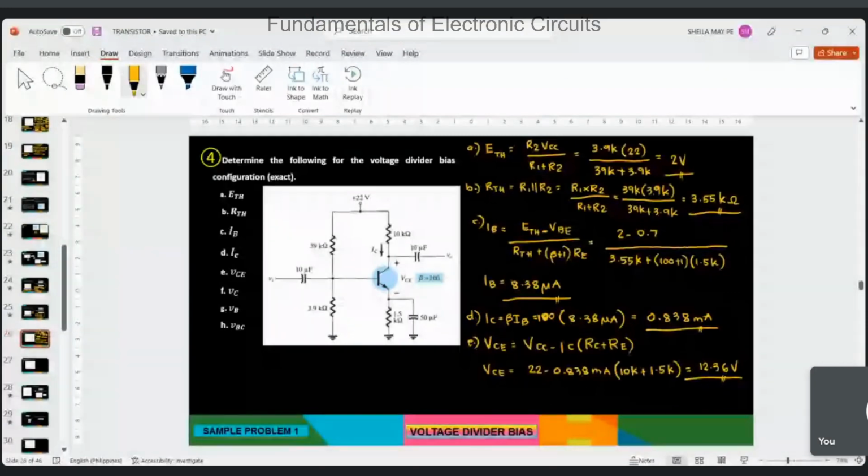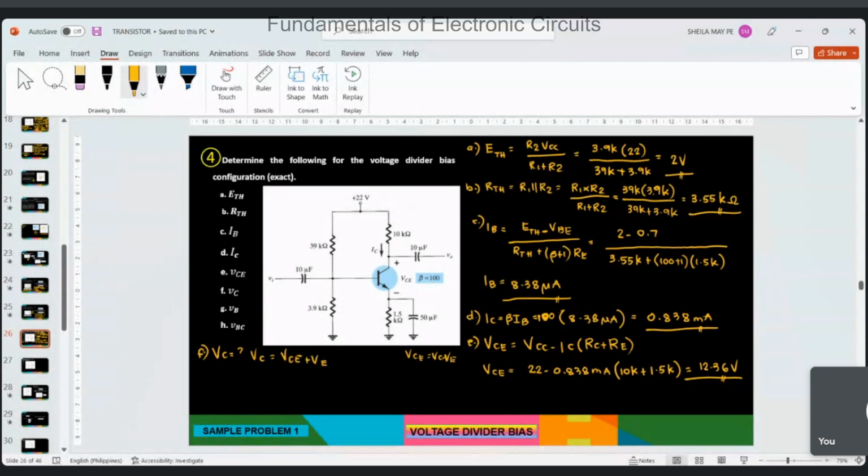Okay, going back, sorry. So we need to find VC, right? Now in finding VC, unsay mga pamagi sa pagkuha ni VC, we have a VC equals VCE plus VE, or we can do loop.